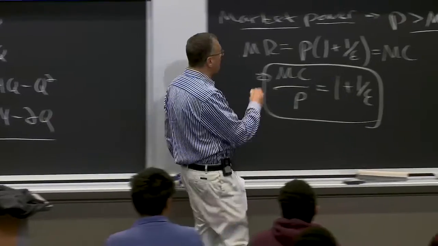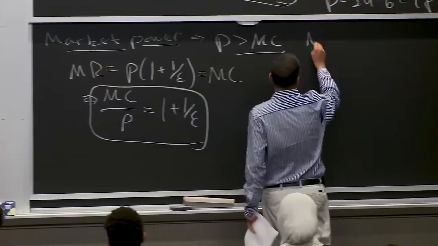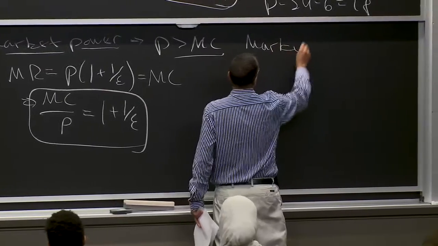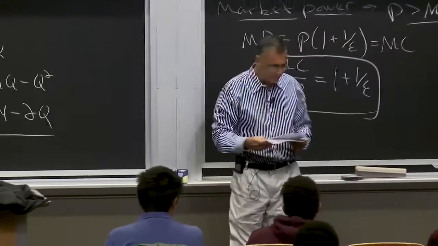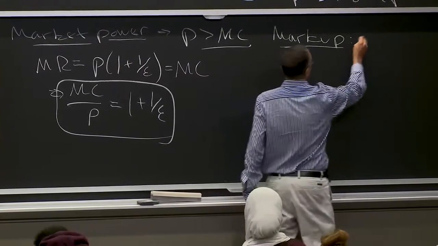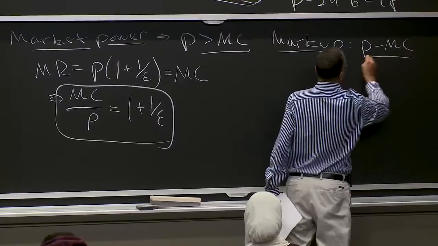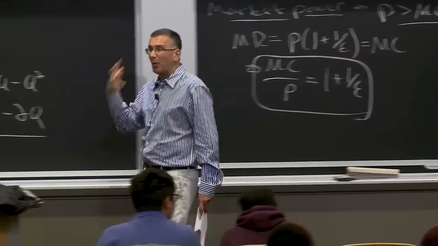So we can define something we call a markup. Casually we can call it profits, but technically it's the markup. The percentage markup a monopolist can make is P minus MC over P. How much of the price is actually a markup over costs?